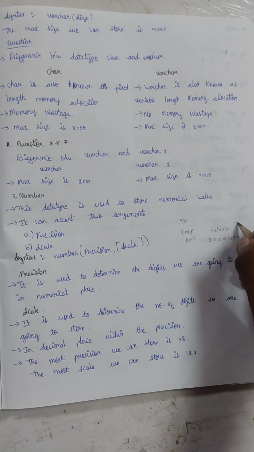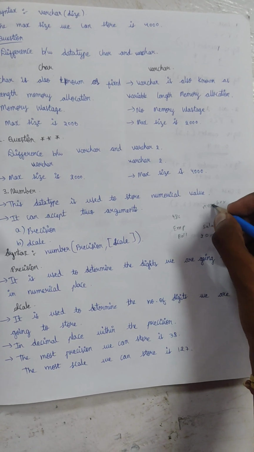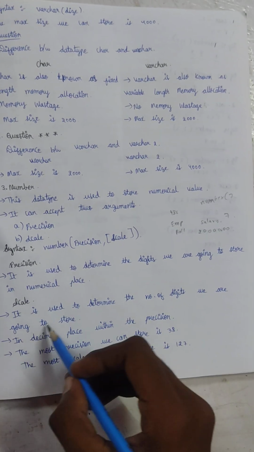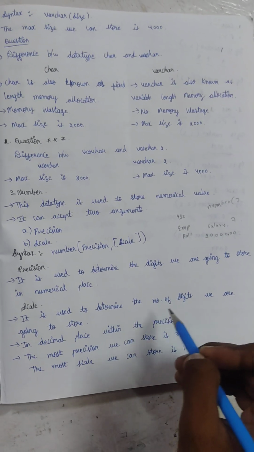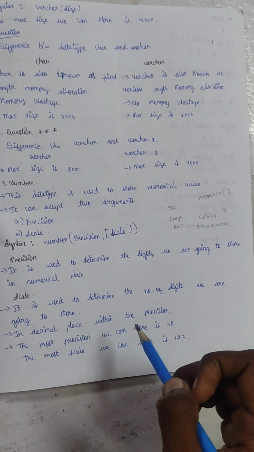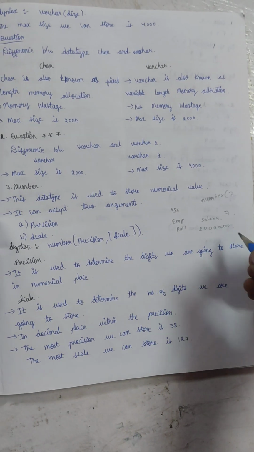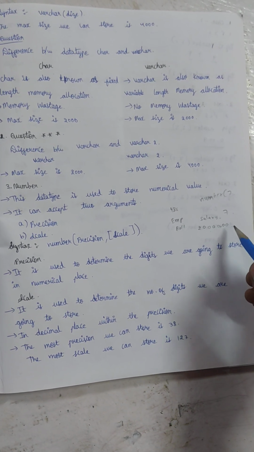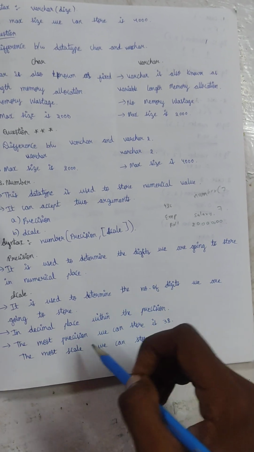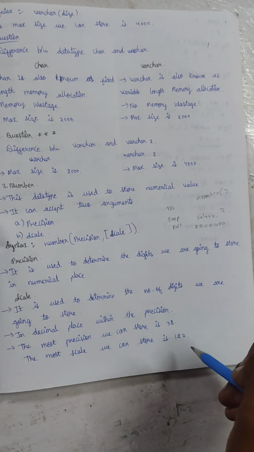Here we have 7, so number with precision 7. Scale is used to determine how many digits we are going to store after the decimal point, within the precision. The maximum precision we can store is 38. The maximum scale we can store is 127.